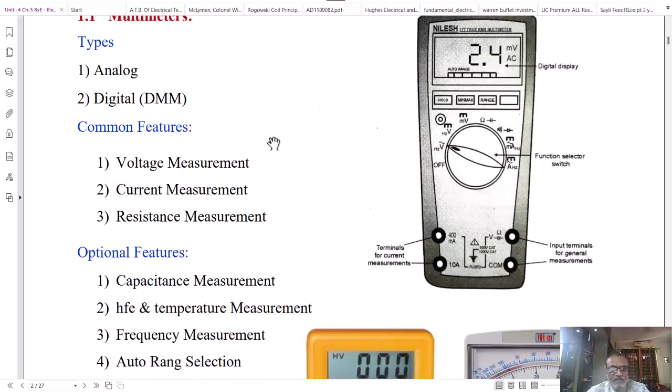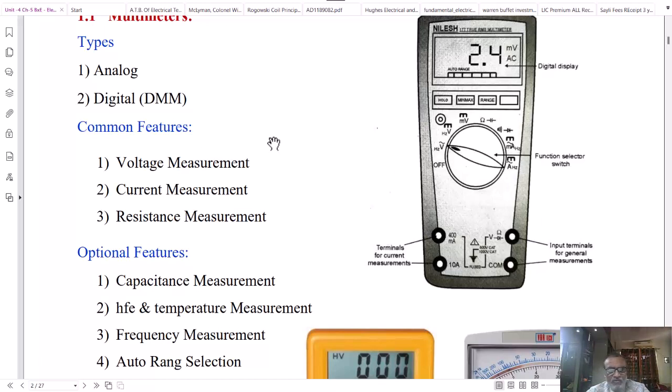The common features the multimeters offer are measurement of voltages, that includes AC voltage and DC voltage measurement, measurement of current, that encompasses AC and DC current measurement, and the resistance measurement. Most of the conventional multimeters available in practice offer these five features.